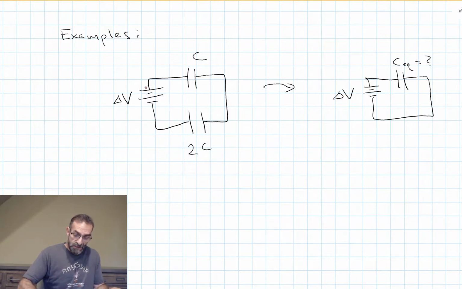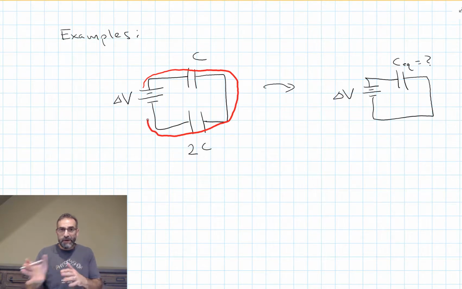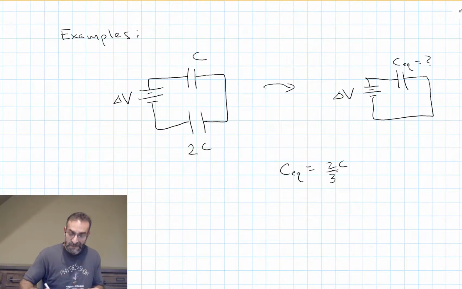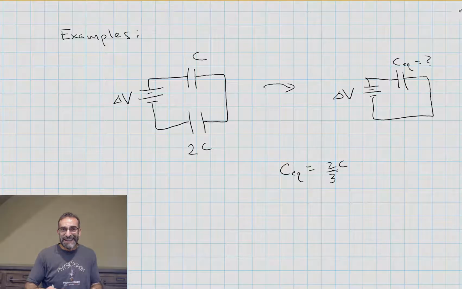If you head out from the battery, you go through the first capacitor, and then you have to go through the second capacitor. There are no forks in the road. There are no branches for you to bypass one of them. If you go through the first one, you have to go through the second one. They are in series. And we just did this one. The answer would be the same as we got last time.